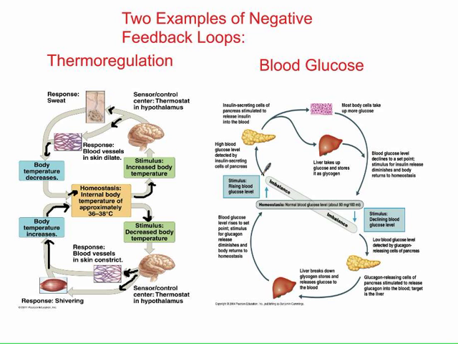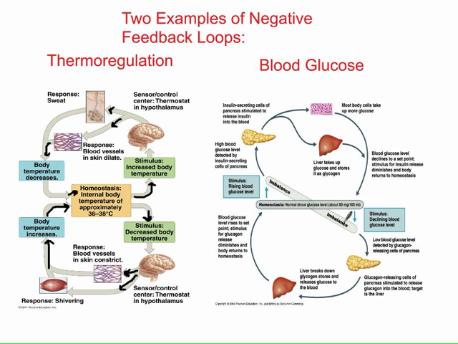Another example is blood glucose. So if there's an imbalance, if blood glucose goes too high, the pancreas will release insulin. That will go and bind to cells, and the cells will kind of open their doors, so to say, to the glucose, and that causes glucose to decrease, and you go back to normal levels of blood glucose. The liver can also take up some of that glucose and store it as glycogen for later use.